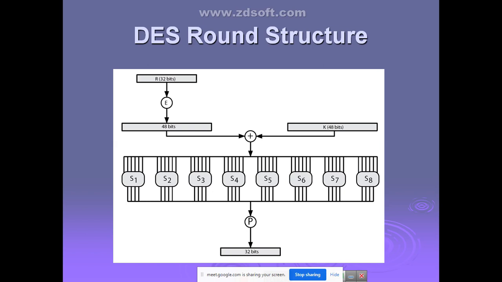See how it is going to reduce that 6-bit input into 4 bits. The first and last bit of the 6-bit input you are passing to the S box is going to form a 2-bit binary number.